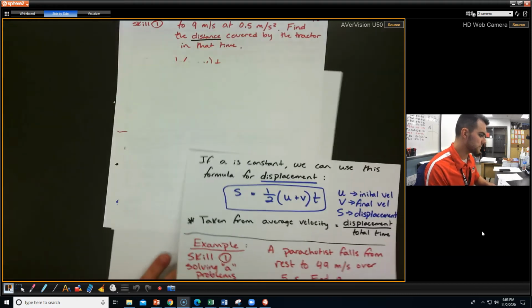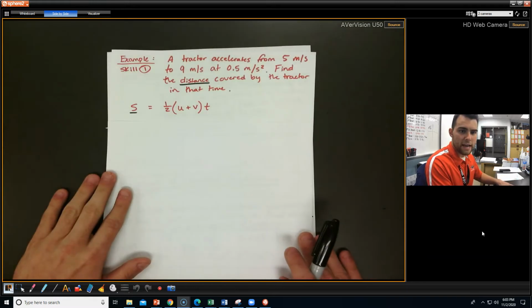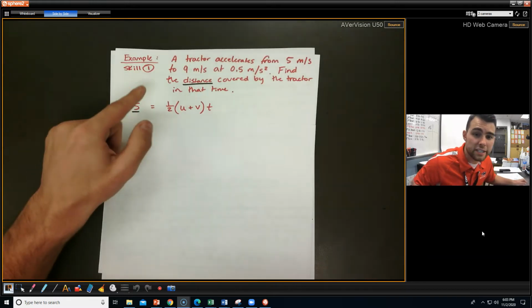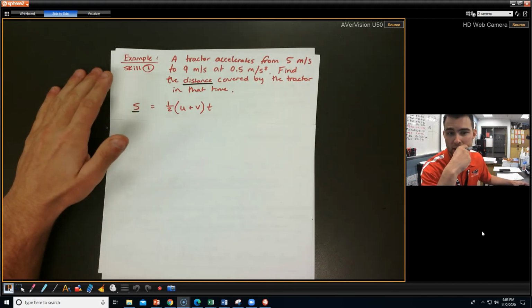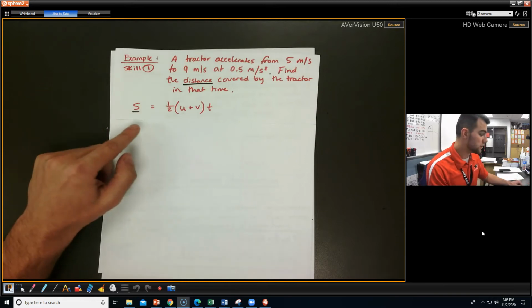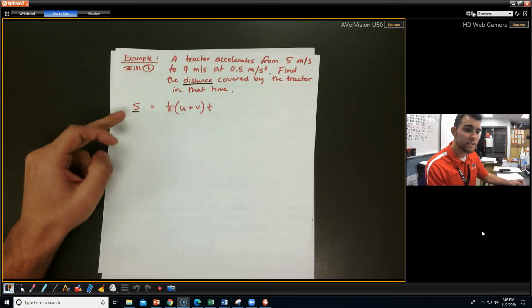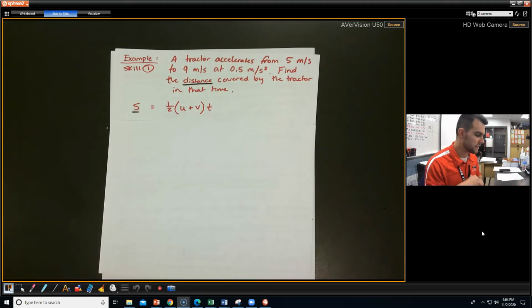Let's see another example. For this one, we have a tractor, and it's accelerating from 5 meters per second to 9 meters per second at 0.5 meters per second squared. We need to find the distance covered by the tractor in that time. Well, we need to find the distance, so I want to use that displacement equation, s equals 1/2 (u plus v) times t.